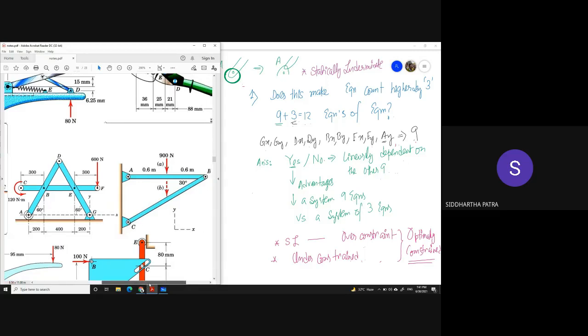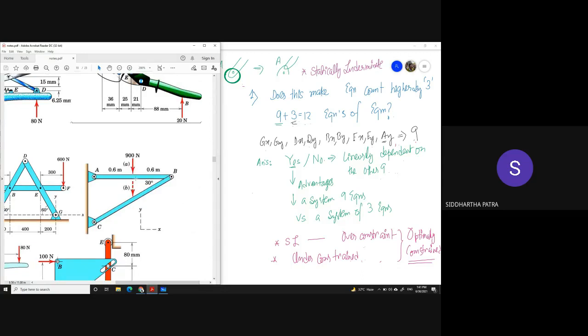So I can show you that this one is optimally constrained. You see there are 3 pin joints, and from each pin joint you can expect 2 unknown reactions. So a total of 6 unknown reactions, and there are 2 rigid bodies involved. Now you may choose to draw the free body diagram of the whole structure, or you may choose to do it by individual rigid bodies.